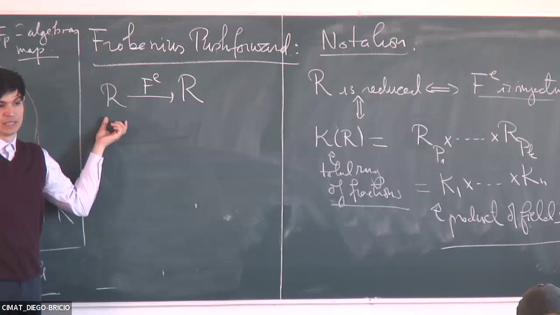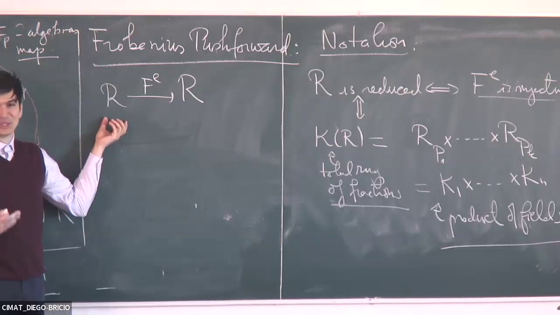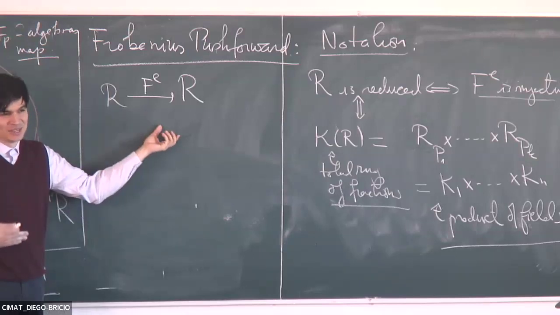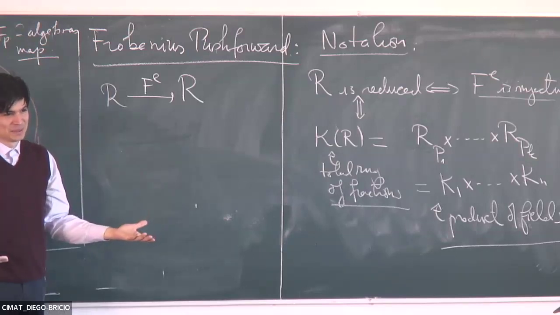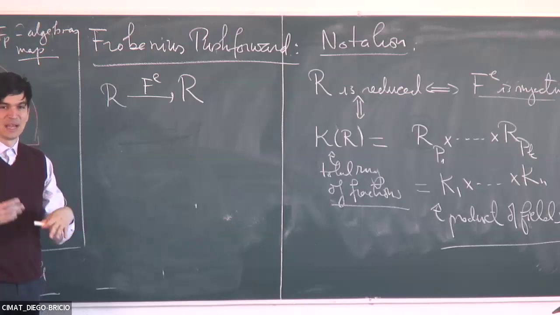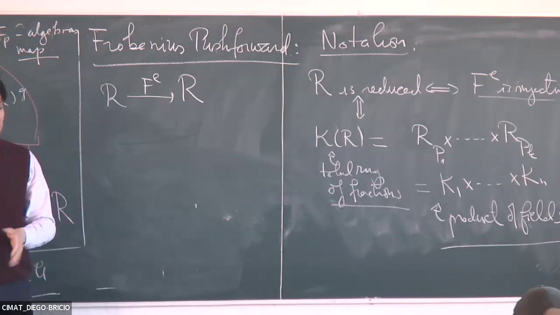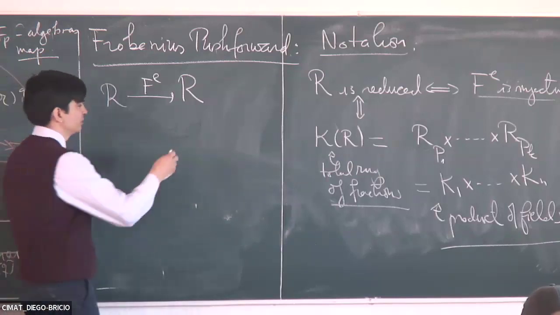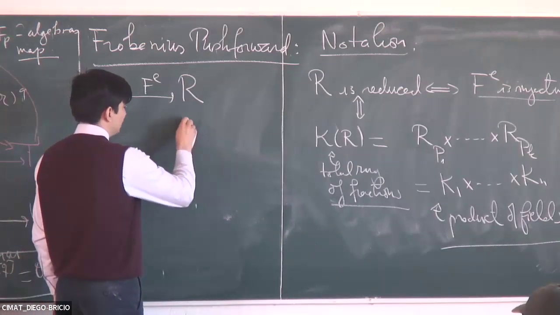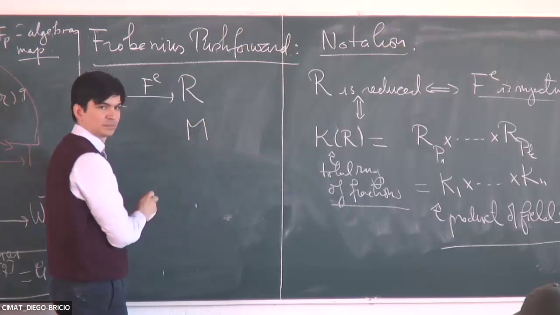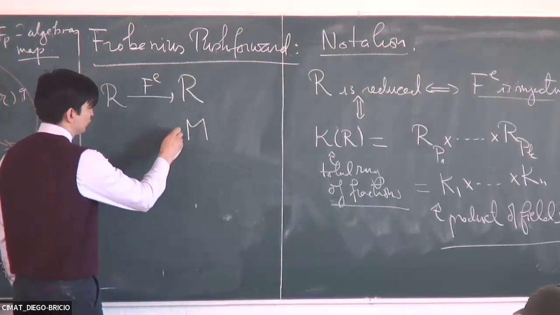That's the push forward in algebraic geometry. But Frobenius is super annoying in that regard because the source and the target are the same ring. Because of that, we need to be particularly careful with our notation. It's just notation. Conceptually, there is really nothing going on. So the point is that if you have an R-module, you push it forward.